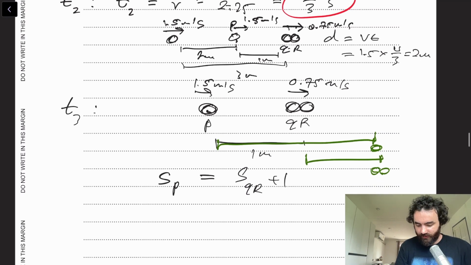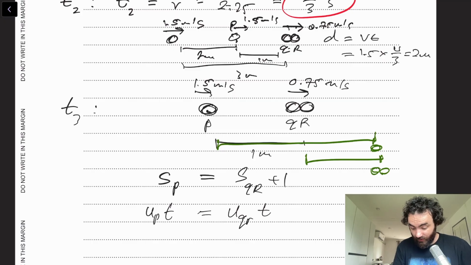So the velocity of P, which is that, times the time, which we don't know, which is going to be our T3, equals this, the velocity of QR, times T, the thing that we want, our T3, plus 1. So we can find it.